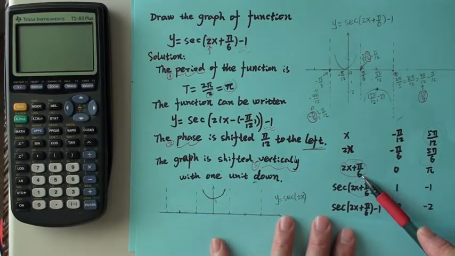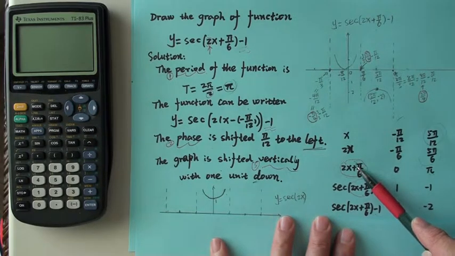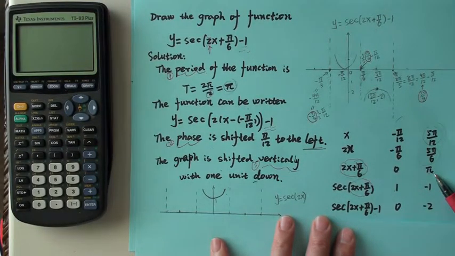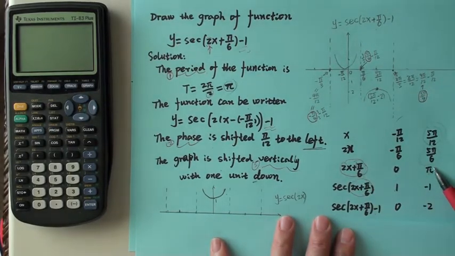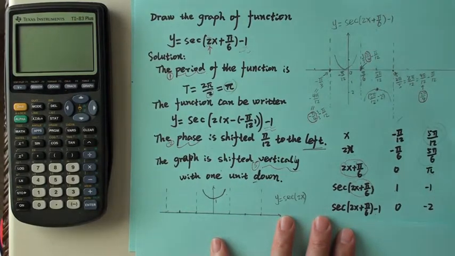You add pi over 6, which is 1 pi over 6 plus 5 pi over 6, giving 6 pi over 6, and the 6s cancel, so you have pi. So the big quantity 2x plus pi over 6 is pi, and secant pi is negative 1.